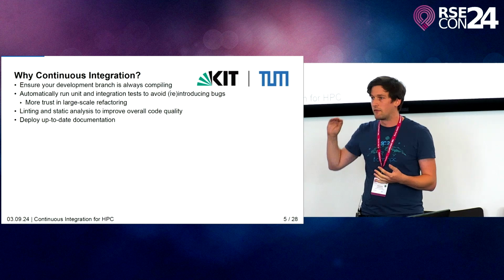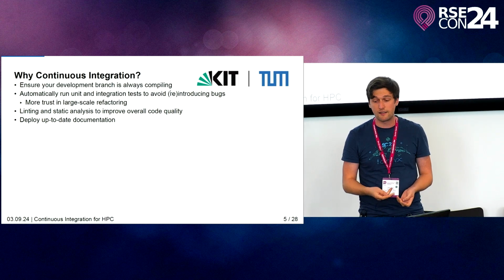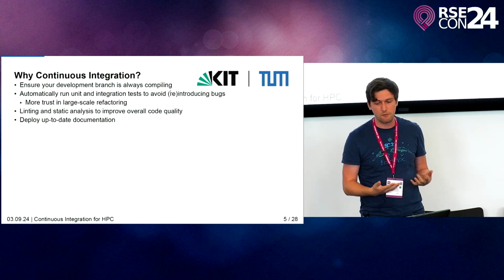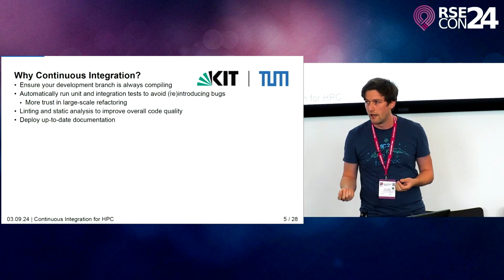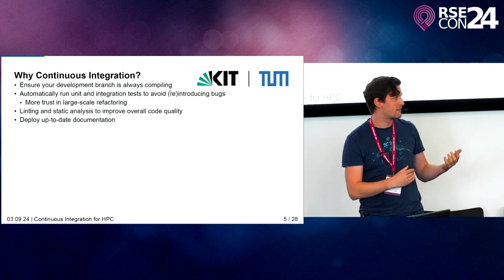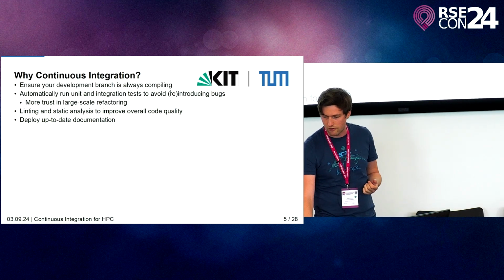And as I already mentioned, we are not just running compilation tests. We can also run linting, static analysis tools, coverage tests, and all the code quality measurements that you can use to see which parts of our code are under-tested or under-evaluated. And of course, the documentation deployment I already mentioned.